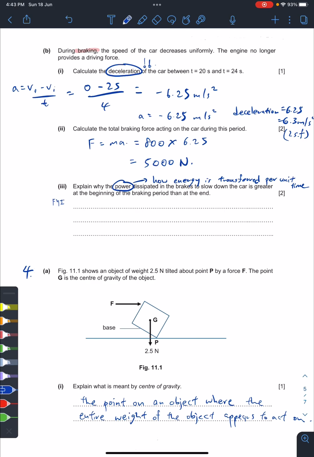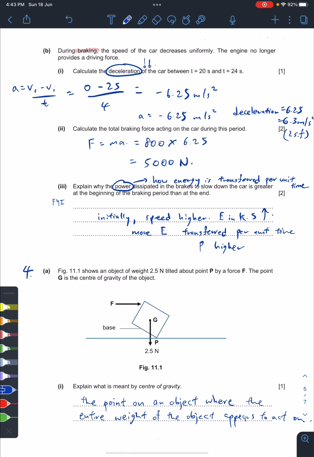So what happens here is, initially, your speed is higher, isn't it? 25 meter per second. And you recall, your energy in kinetic store is half mv squared. That means this is also higher. So there is more energy transferred per unit time, which is actually just power higher, power greater.